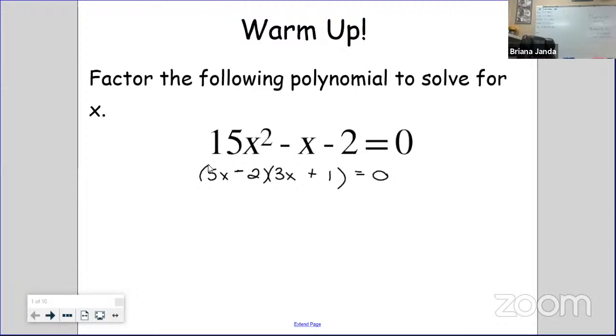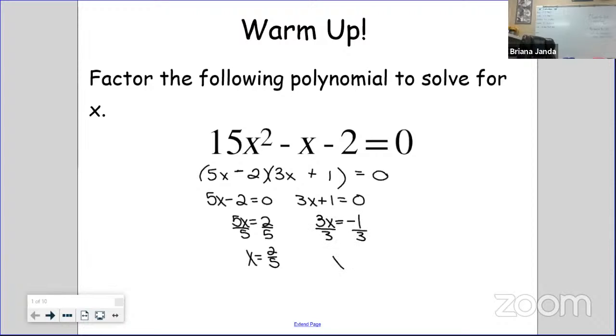Then we set each of those equal to 0 because it did ask me to solve. Add 2, divide by 5, and I get an answer of 2/5. Subtract 1, divide by 3, and we get an answer of -1/3.